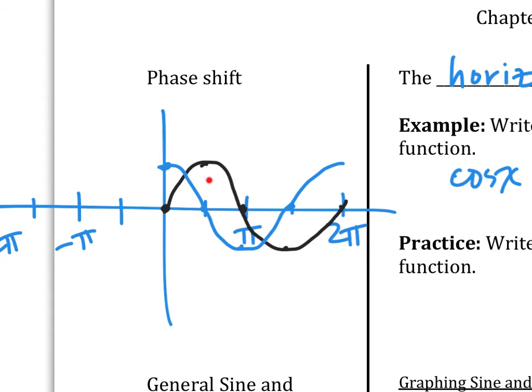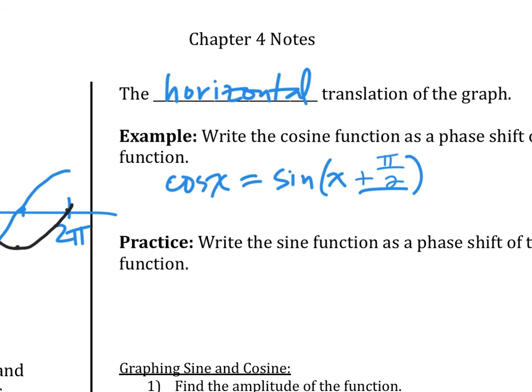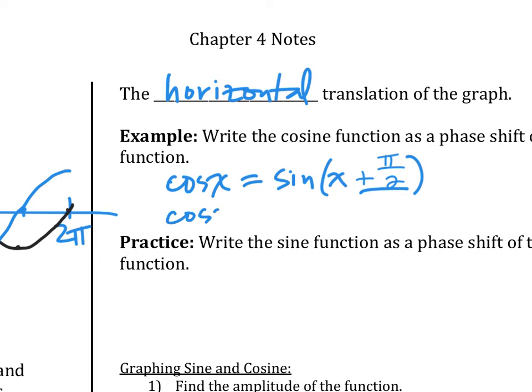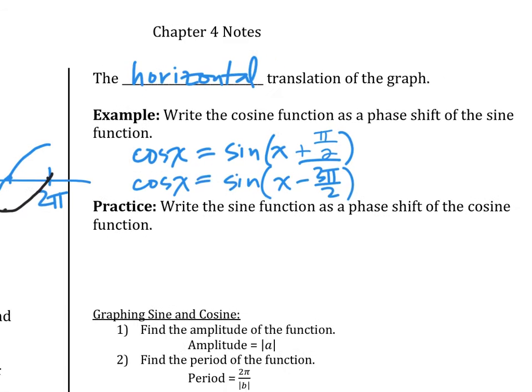Well, this part at this location is pi over 2, this much is pi plus another pi over 2, so this is 3 pi over 2. So 3 pi over 2 to the right. So cosine x is equal to sine graph pushed to the right 3 pi over 2, and I would have the graph. You can graph it on your graphing calculator just to double check that this is true.